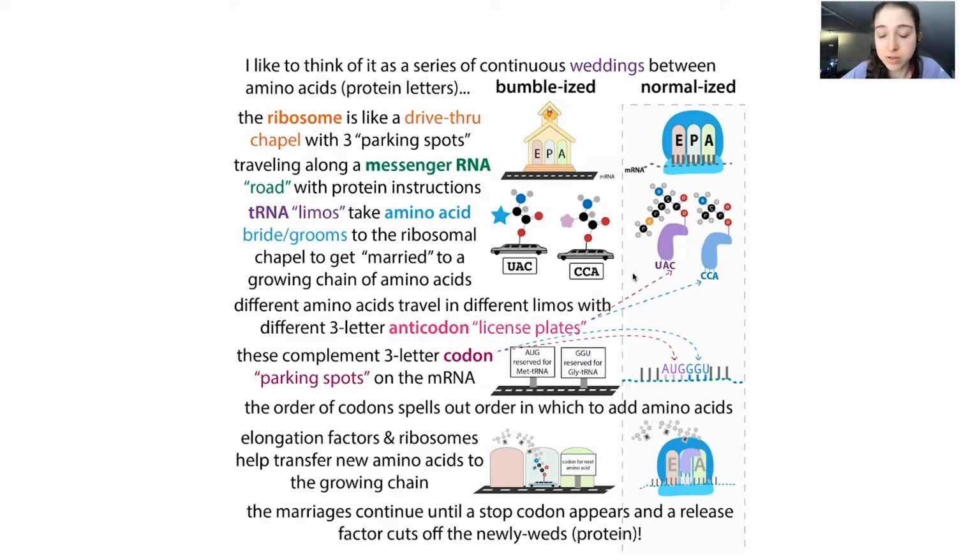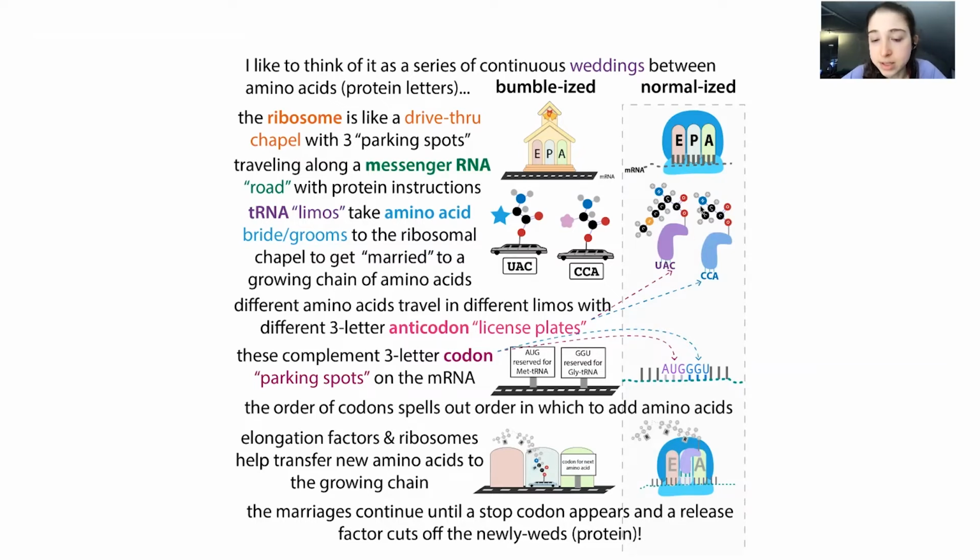And so you're going to have affinity between this codon and the anticodon based on their base pairing. But you need to make sure that you have the right amino acid loaded onto that tRNA, or else you're going to add the wrong thing, even though you're using the right tRNA.